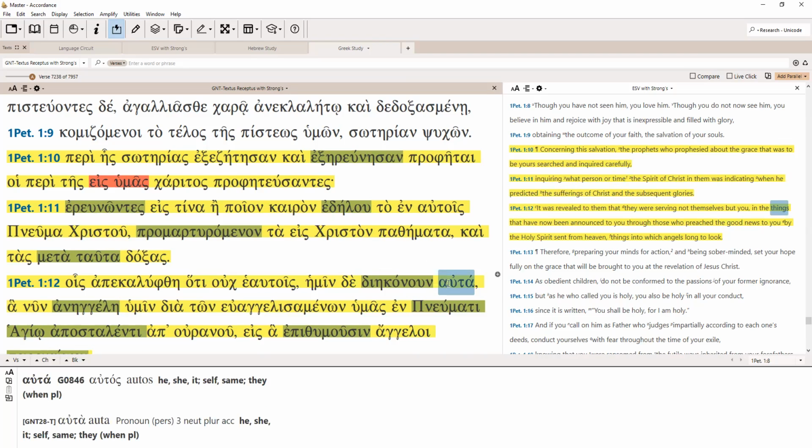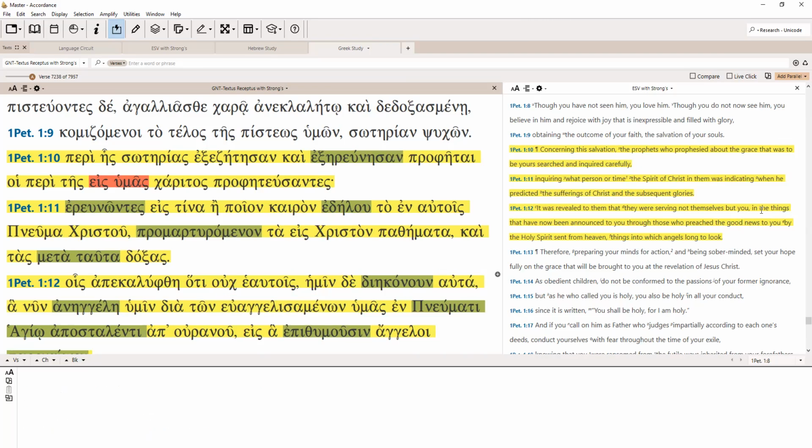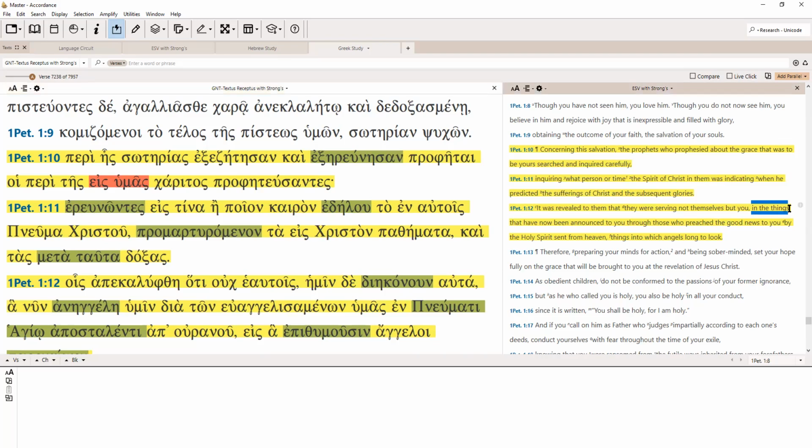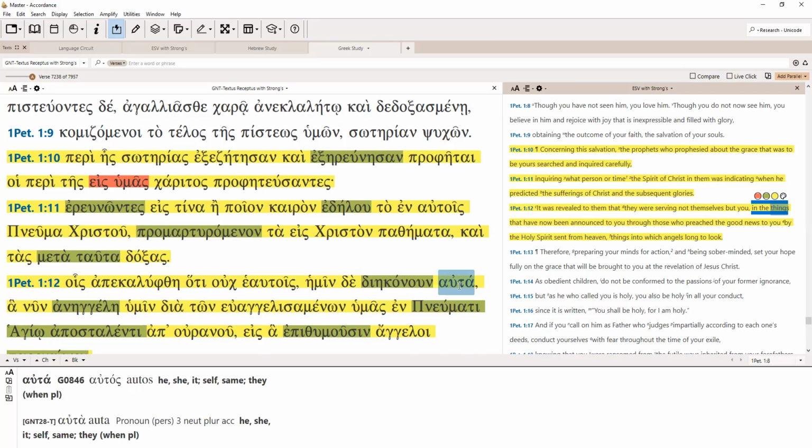So here, ta is translated with an additional phrase, in the things, to clarify its meaning in the sentence.